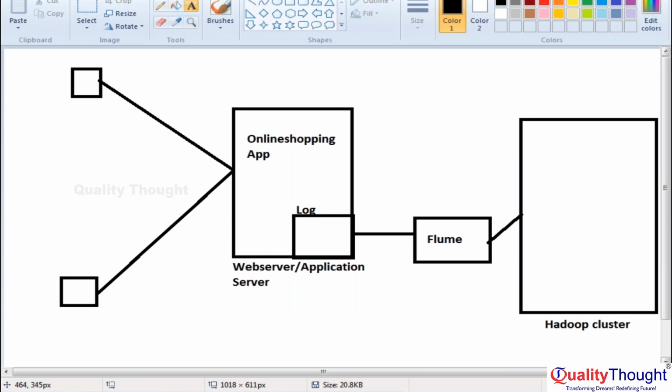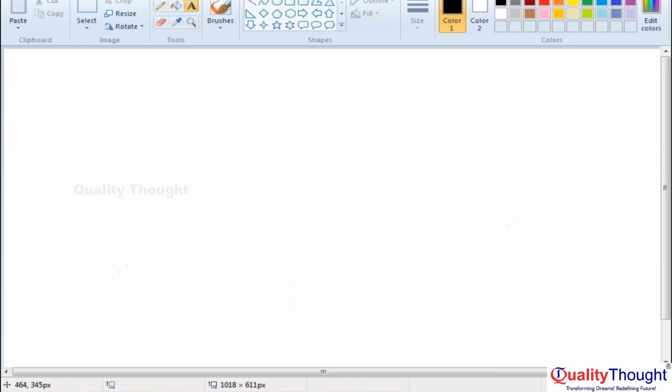For example, we have GPS systems in different traffic locations, different GPS systems.